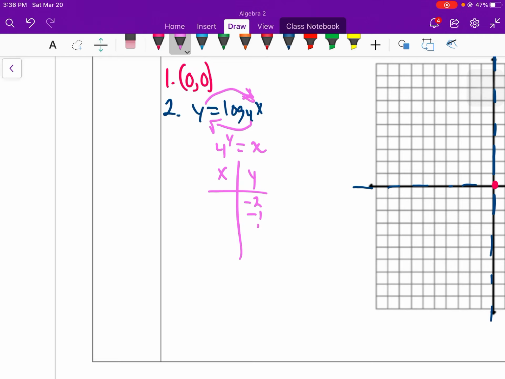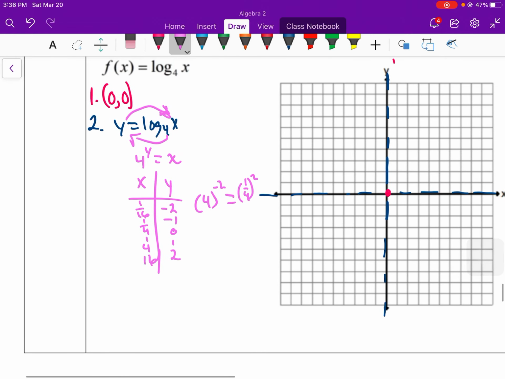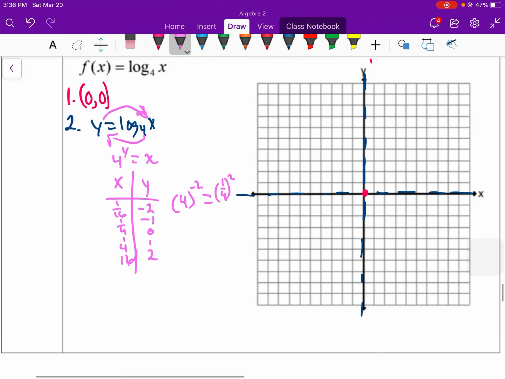Again, you want your outputs to be -2, -1, 0, 1, and 2, so that when we take our base, 4 to the power of -2, we get our x values here. That becomes 1 over 4 squared, so 1/16, 1/4, 1, 4, 16. That should all be reviewed, taking the base to the power of negative or positive exponents.